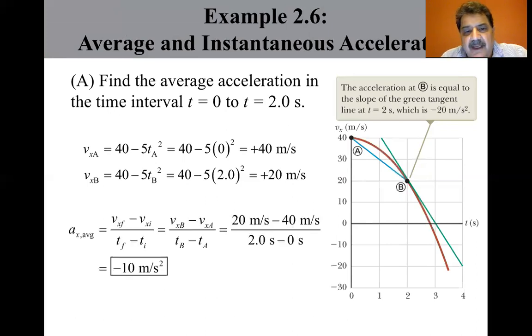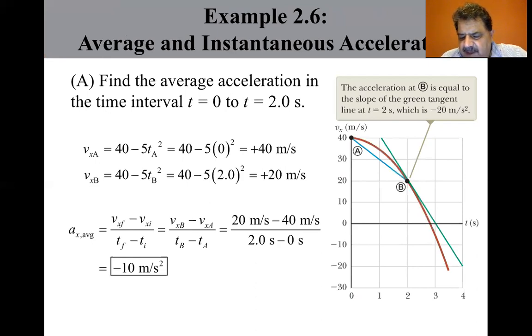The average acceleration is Vx final minus Vx initial divided by t final minus t initial. So it's 20 meters per second minus 40 meters per second divided by 2 seconds. And so you end up with minus 20 divided by 2, and it's minus 10 meters per second squared.